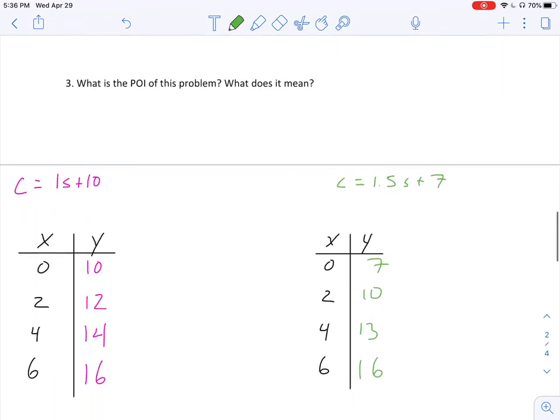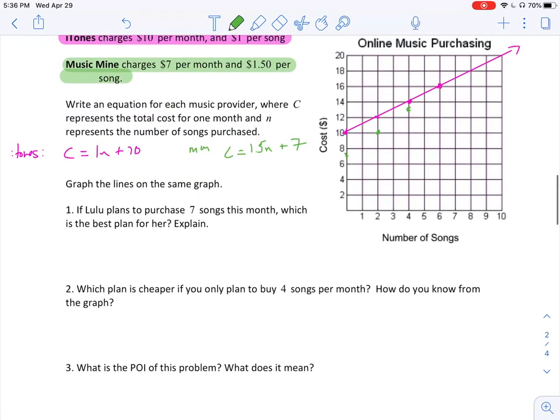When X is 6, Y is 16. Oh, look at that, right along that spot there. So if I go ahead and draw this as best I can, that would be MusicMine as a graph.